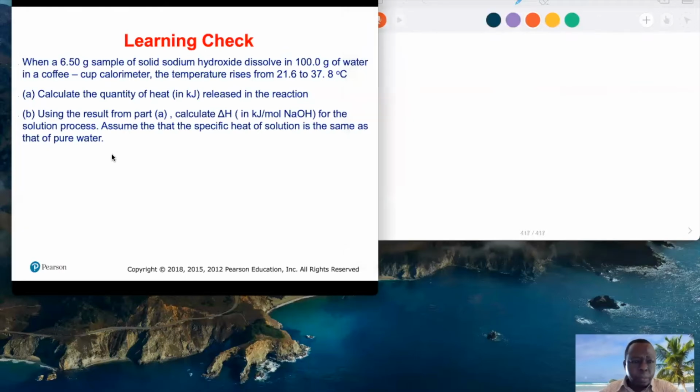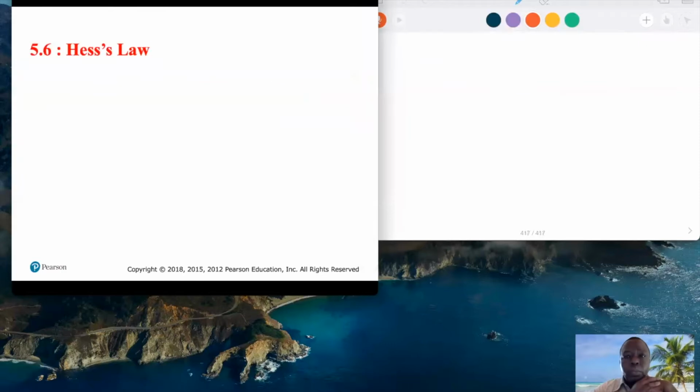Now, some reactions are impossible to determine the enthalpy of reaction or heat of reaction for directly. What do I mean by that? Maybe there are about 10 equations before you end up with the final equation for a particular reaction. What I mean is we can have equation 1, which will form some product, let's say product 1.